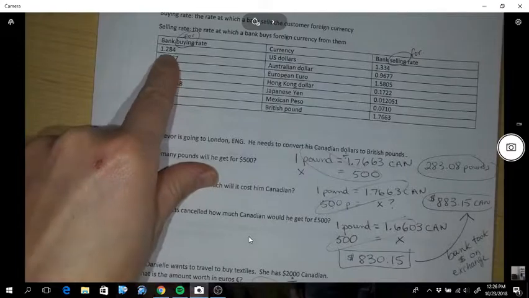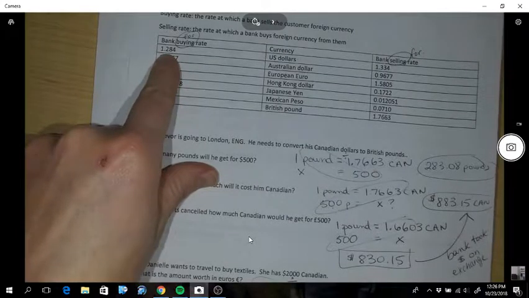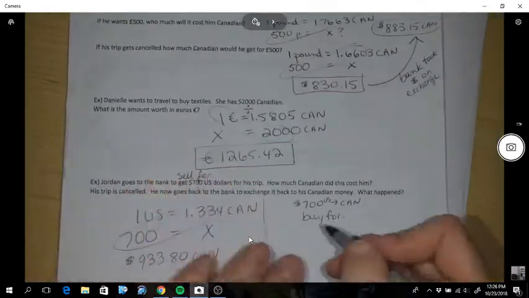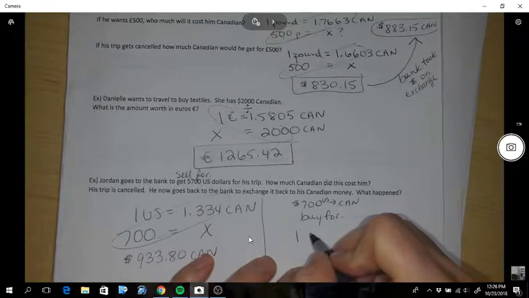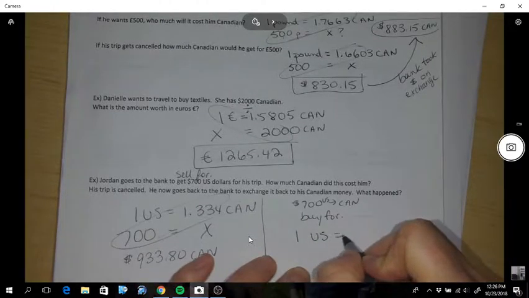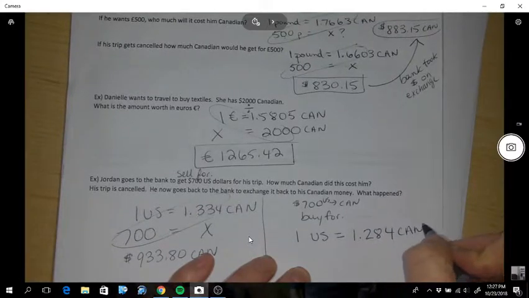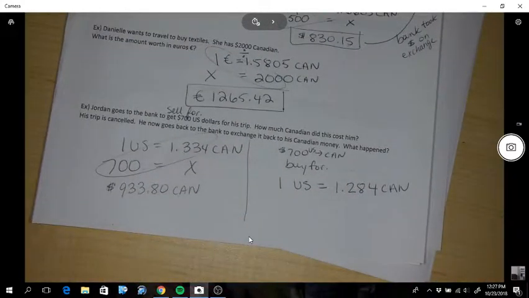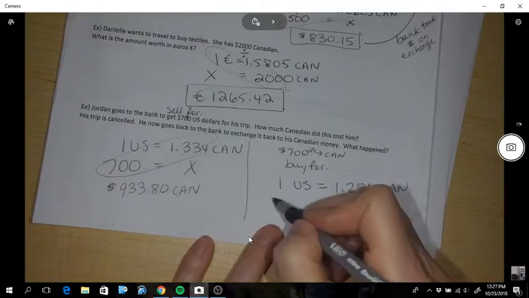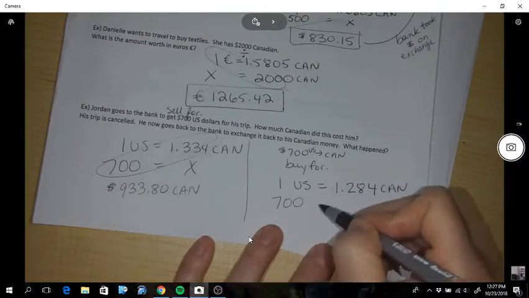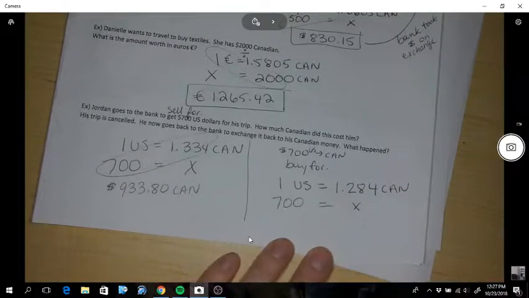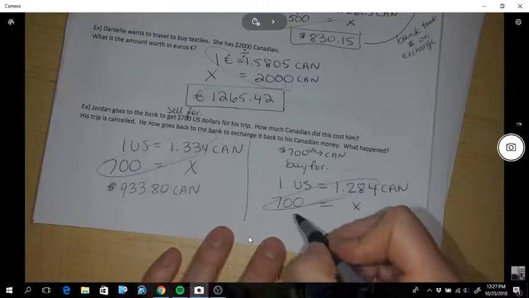So now we're using 1.284. They're buying his US money. So for every US dollar, the bank is only going to give you 1.284 Canadian. So for 700 US, they're going to give you X. So I'm going to times those.